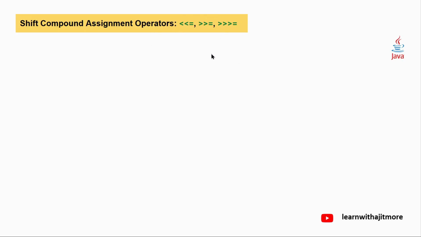The same three operators we have to learn, but in a compound assignment form. Suppose you want to take A and right shift it or left shift it n times, and whatever answer you get, you want to store in A only.